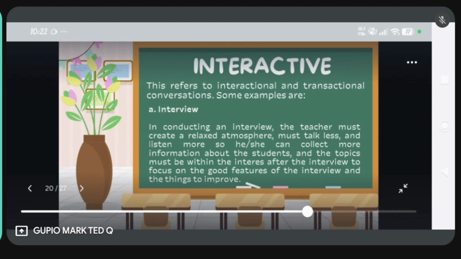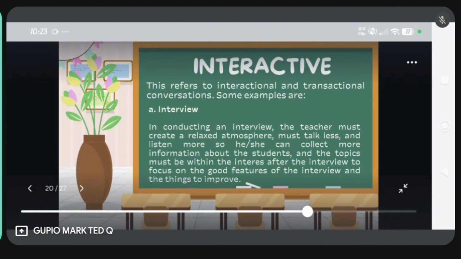So there are some examples of interactive. So first is interview. An interview is a clear example of interaction.